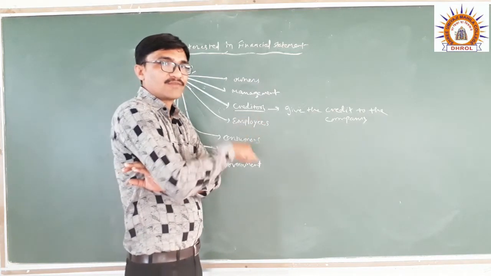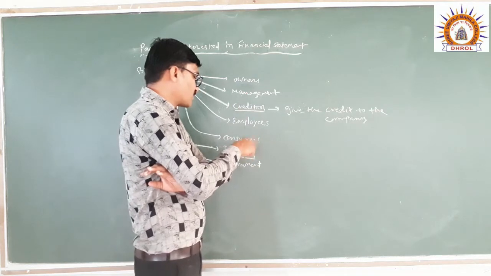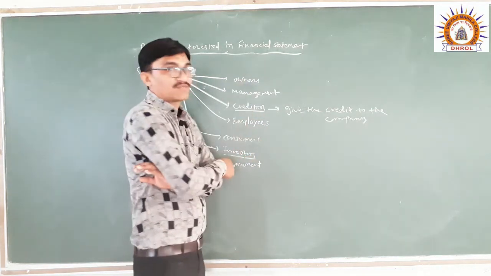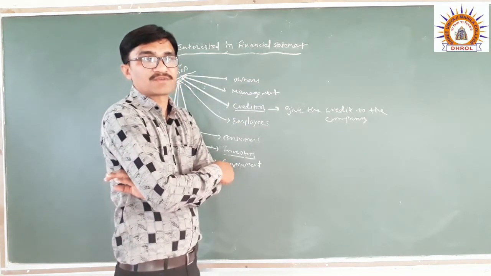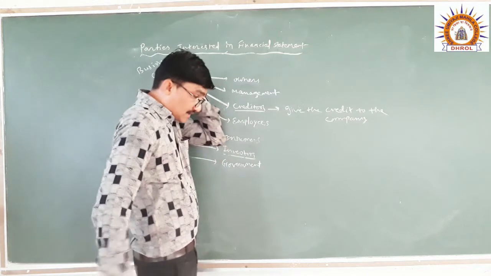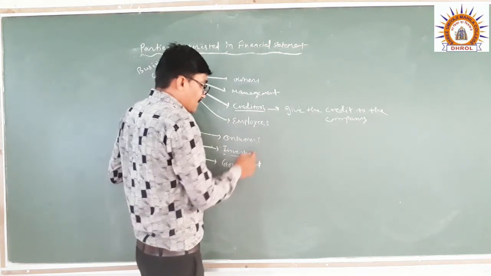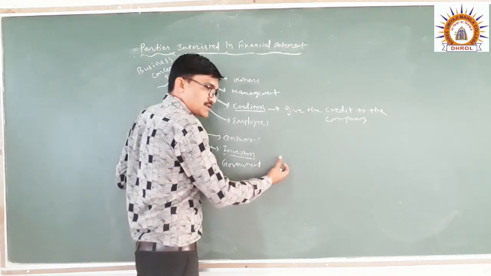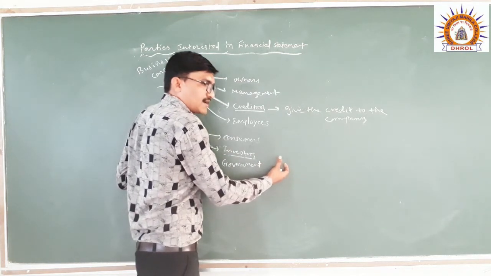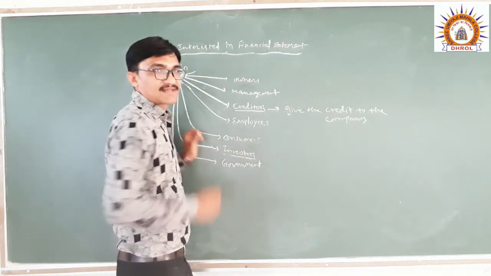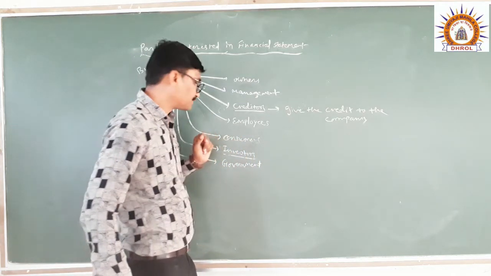So the reward amount they want to know, either increase or decrease. They want to know on the basis of the financial status or position of the company, right? Then the second thing, investors. See, the investor subject includes equity shareholders, preference shareholders, debenture holders, right? They are investors, for example, right?